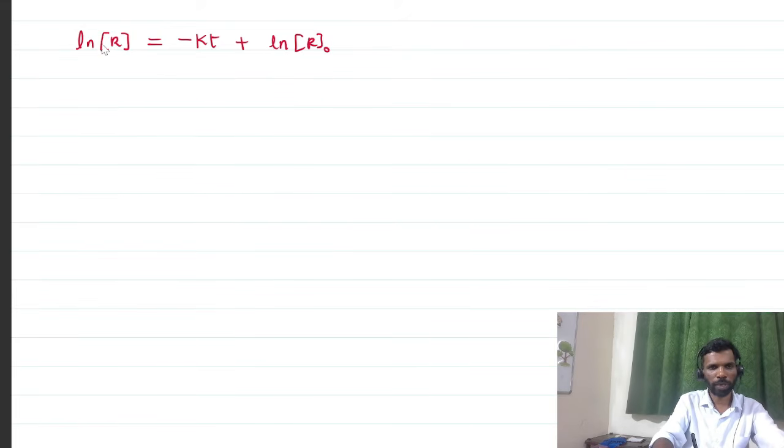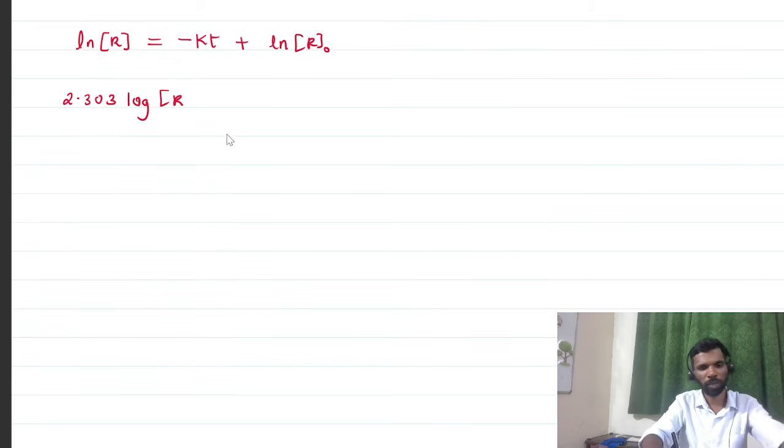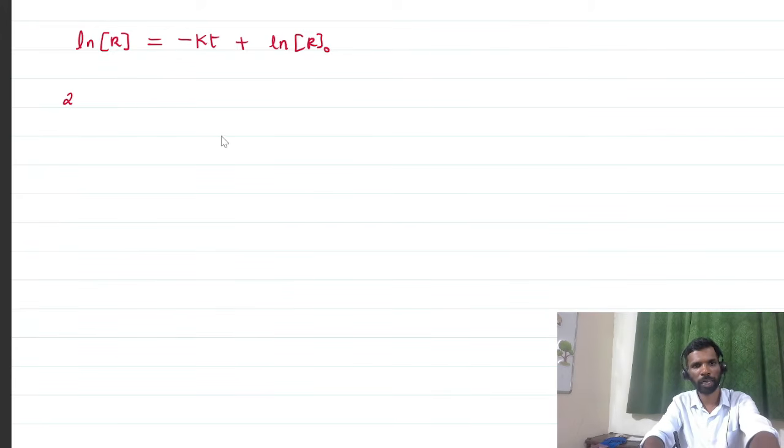When you convert natural logarithm to log, you multiply it by 2.303. We'll rearrange this first, then include this.